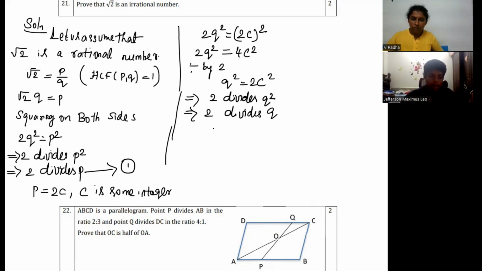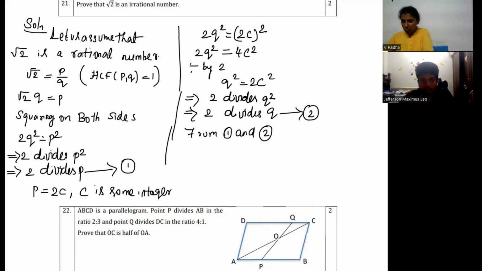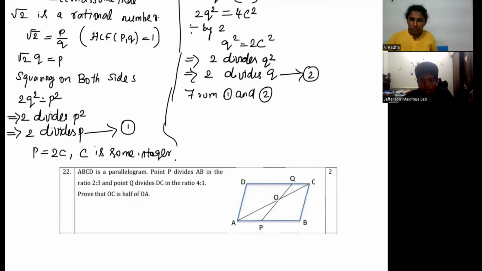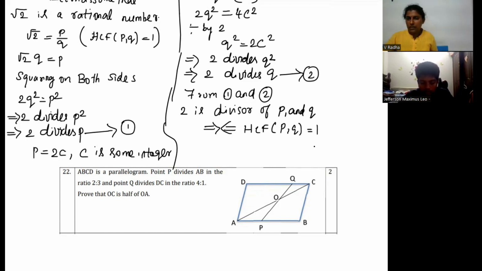This is named as number 1 and this is number 2. So from 1 and 2, 2 is a common divisor of P and Q. This is a contradiction to HCF of P comma Q is equal to 1.